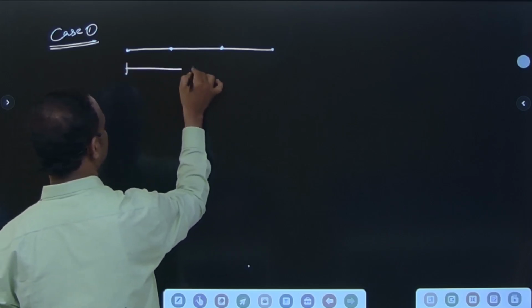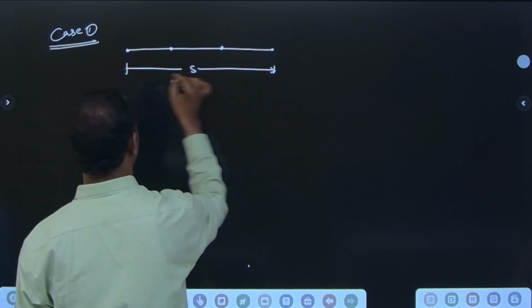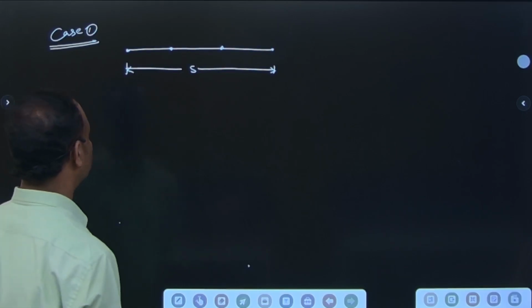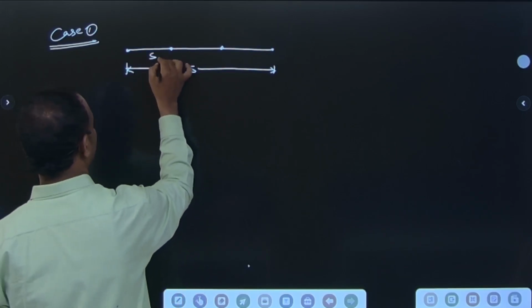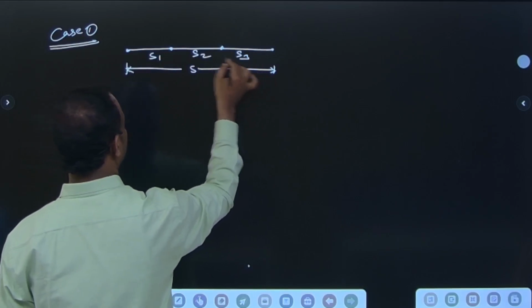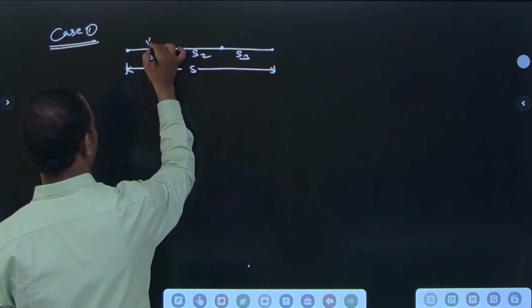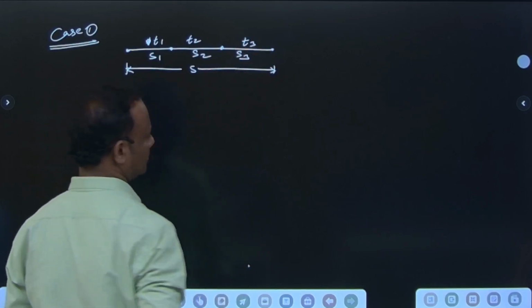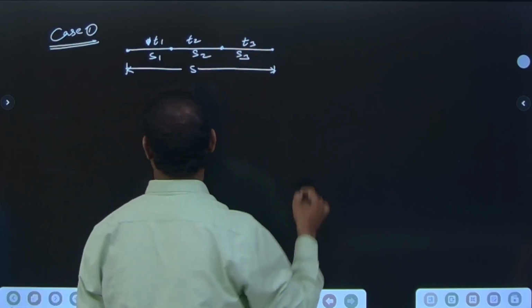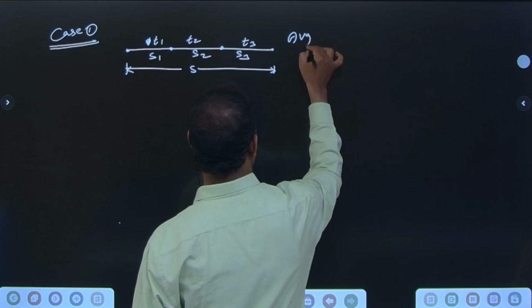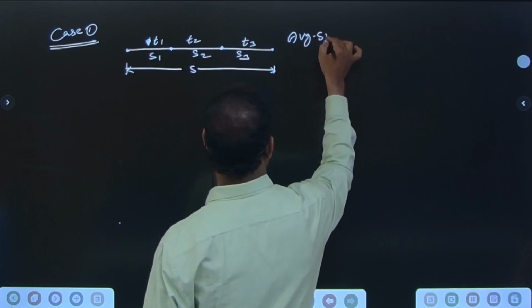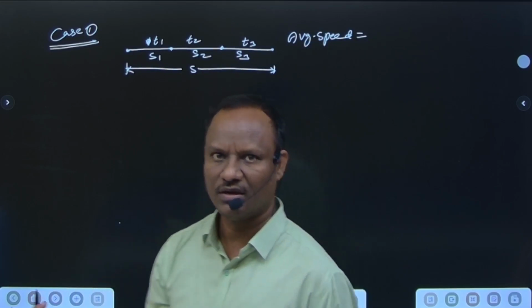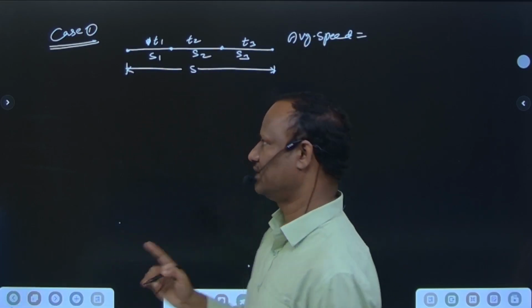The total distance is made of S1, S2, S3, with times T1, T2, T3. I need to find the average speed. Along a straight line path, average velocity and average speed are both the same.